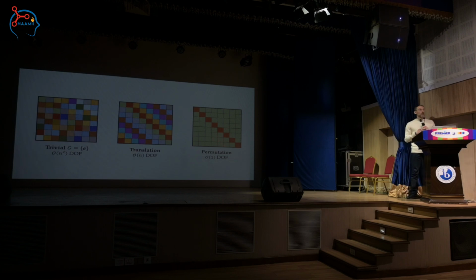When our group is the permutation group, which is a very large group, we had only 2 degrees of freedom. We had a combination of the identity matrix and the matrix of ones, so elements on the diagonal, which is myself, and everybody else. So 2 degrees of freedom, order of 1. In convolutions, we have order of n degrees of freedom. So we have some constraints, but they are not as restrictive as in permutations.